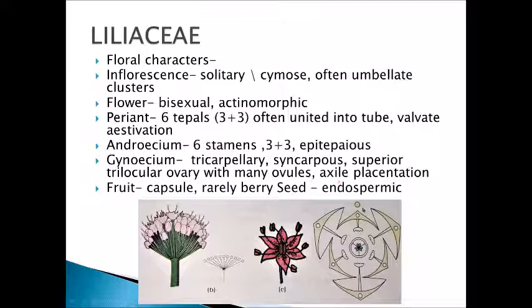So now the next condition, Androecium has 6 stamens, 3 plus 3 and epitepalous. Now here it is joined with the tepal. You can see the 3 are joined with the outer tepals and 3 are joined with the inner tepals.